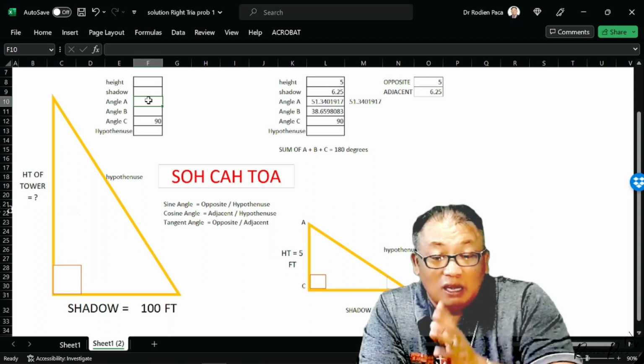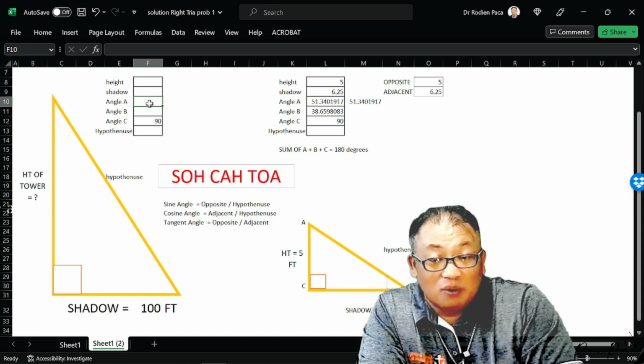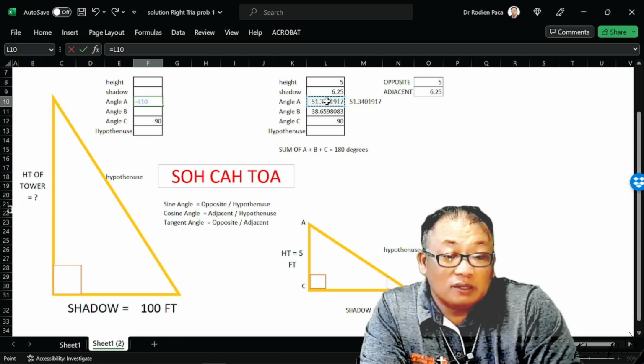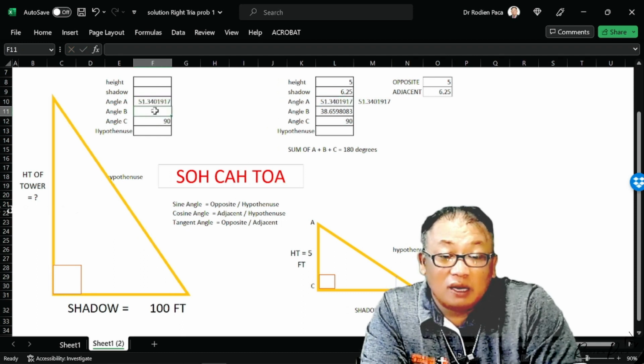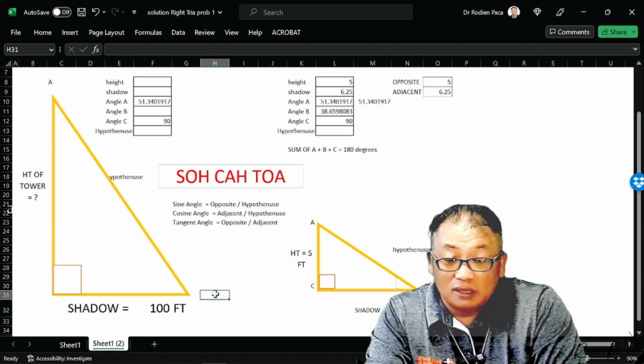So if this is angle A on the small one, this should be the angle also in the big one. So I would just copy this one, 51.34, and it will give me angle A. So angle A, and this is angle B.